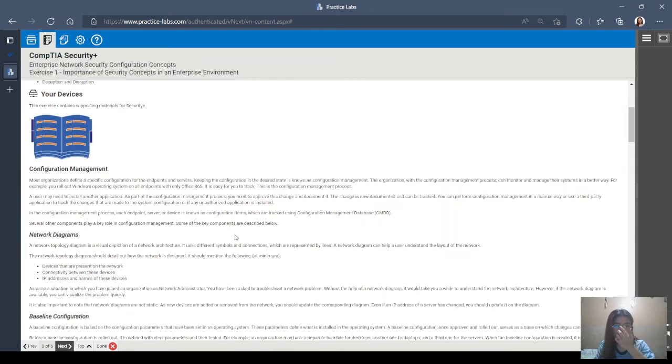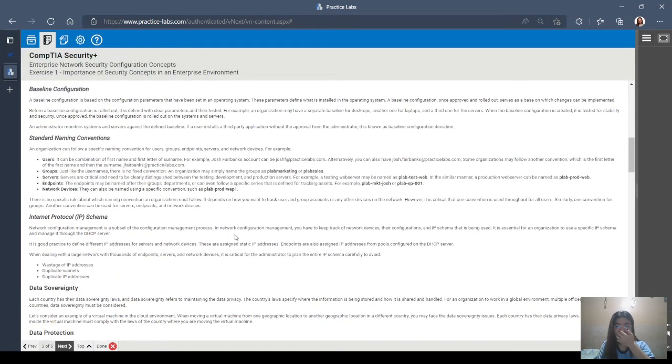However, if the network diagram is available, you can visualize the problem quickly. It is also important to note that network diagrams are not static. As new devices are added or removed from the network, you should update the corresponding diagram. Even if the IP of a server has changed, you should update it on the diagram.